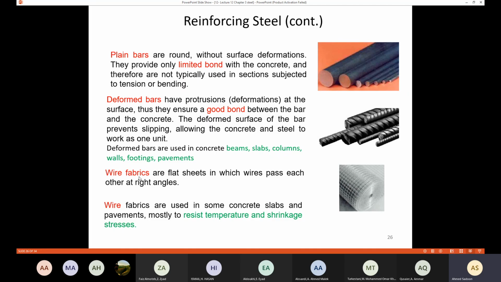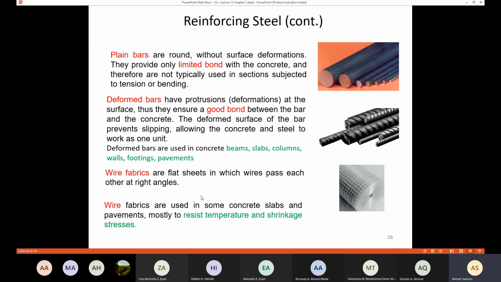Also, we have the wire fabrics, look like that. The wire fabrics are flat sheets in which wires pass each other at right angle. So this one in X and in Y, the angle between them is 90 degrees. We use the wire fabrics in concrete slabs and pavements, mostly to resist temperature and shrinkage stresses.